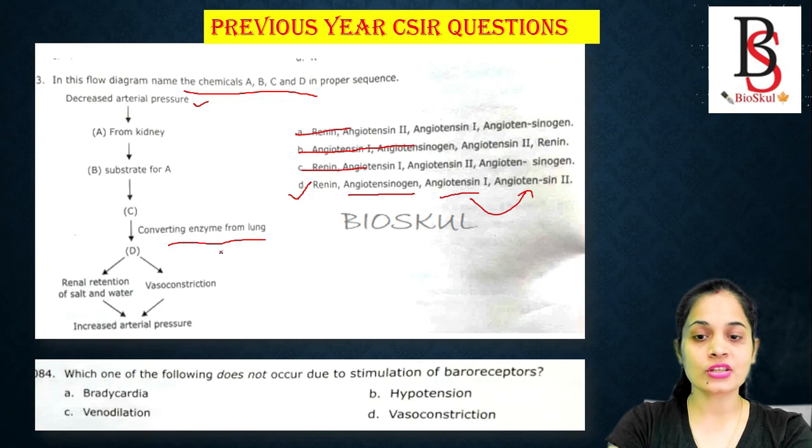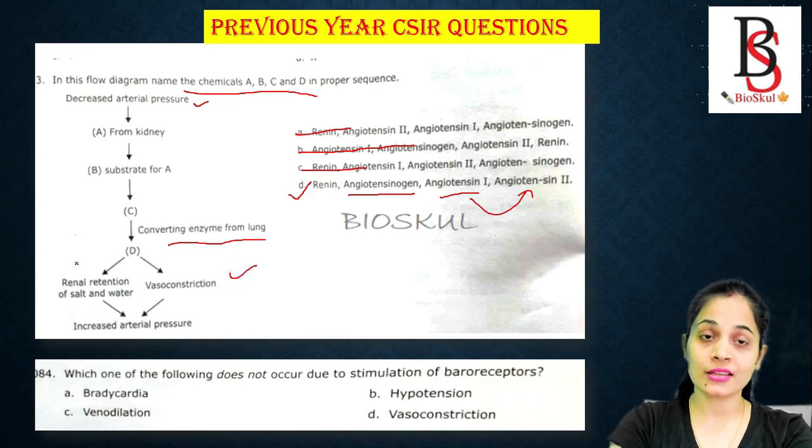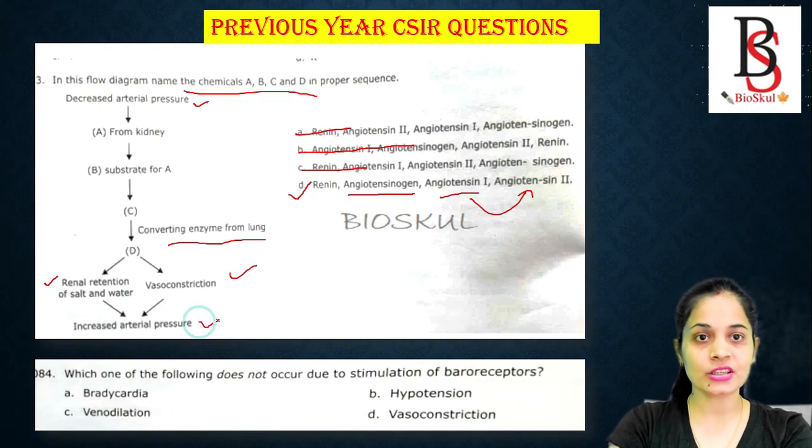Then that causes vasoconstriction, and on the other hand it secretes aldosterone from the adrenal cortex, which retains the salt and water, thereby increasing the arterial pressure. So what will be the correct answer? Correct answer is option D.